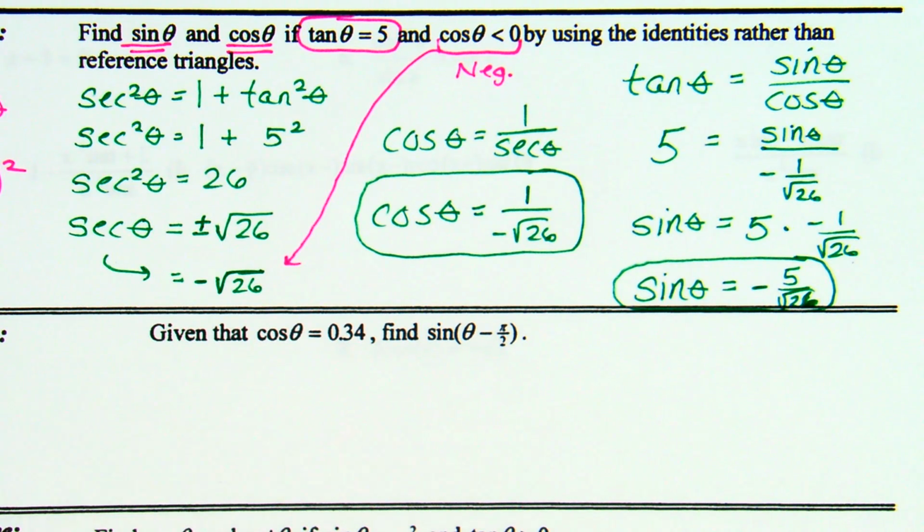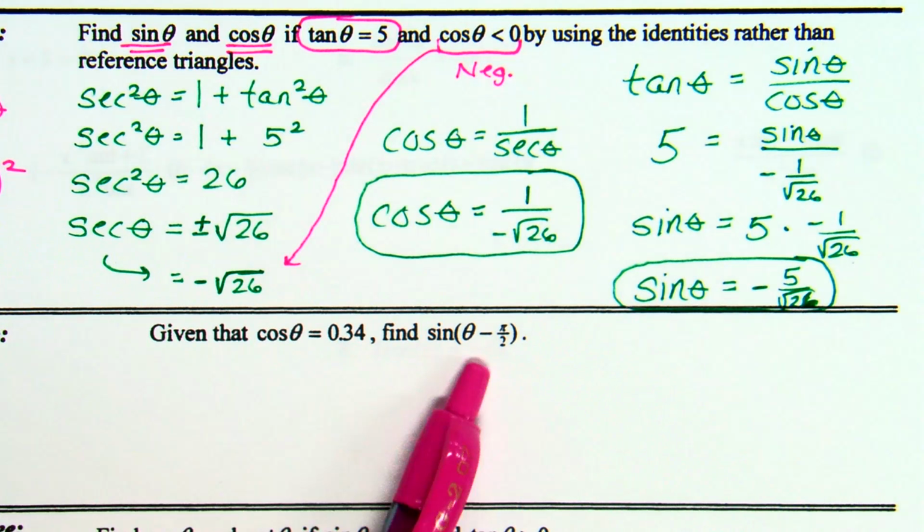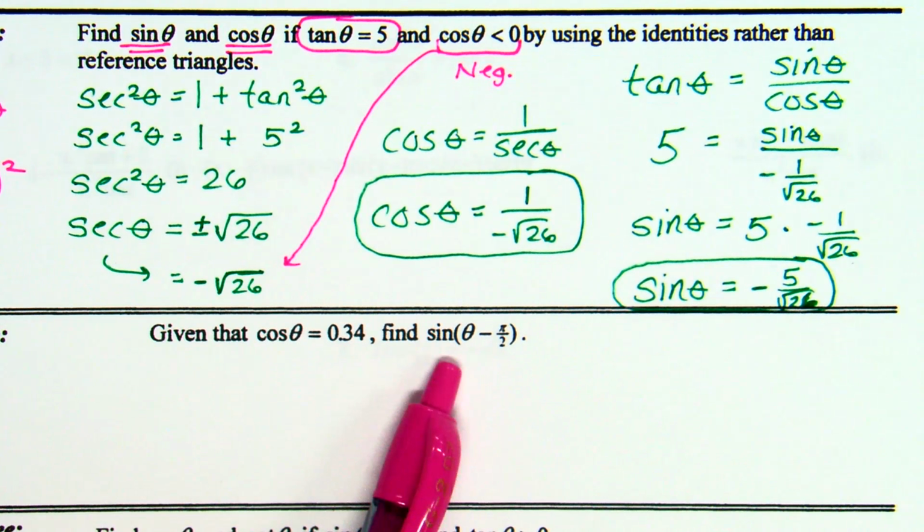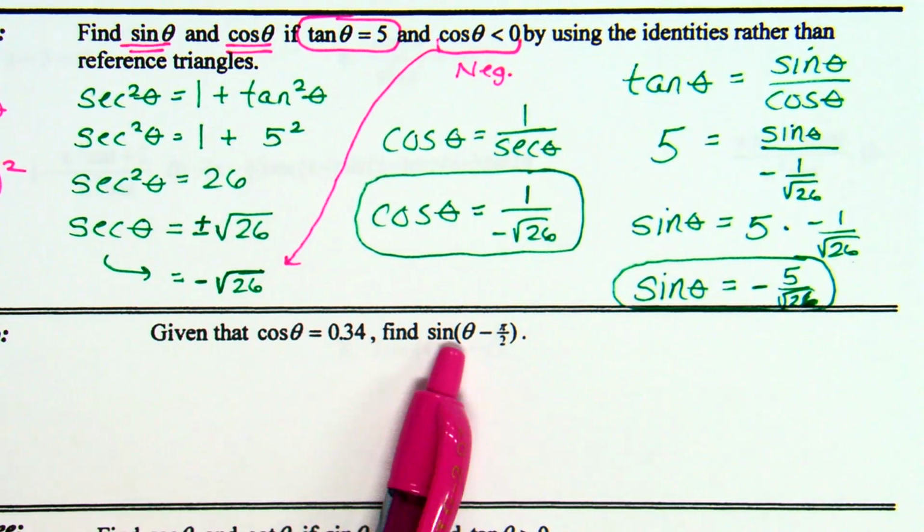I wouldn't say Pythagorean just because it's not just the sine theta that we're being asked to find. We're being asked to find sine of theta minus pi over 2.